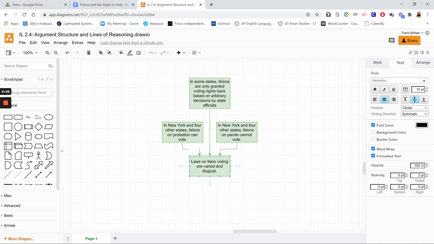For example, in New York and four other states, felons on probation can vote. In New York and four other states, felons on parole cannot vote. I could have maybe put those in the same box, but it makes just as much sense to put them in separate boxes. Also, in some states, felons are only granted voting rights back based on arbitrary decisions by state officials. So I just paraphrased the three, or two, depending on how you look at it, examples supporting that idea.